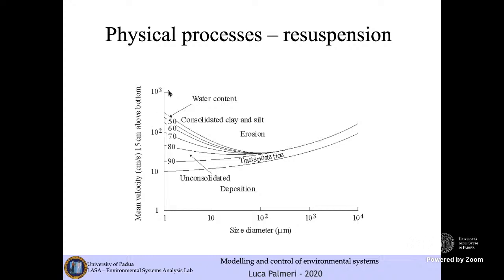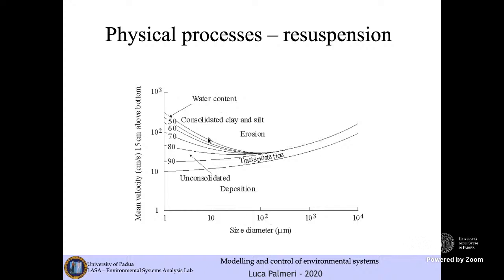So you see on the vertical axis, you have the effect of winds that translates into the speeds at 15 centimeters above the bottom, and the effect of winds is counteracted by the characteristics of the sediment in terms of granulometry and in terms of water content.